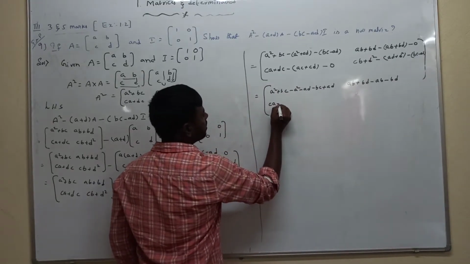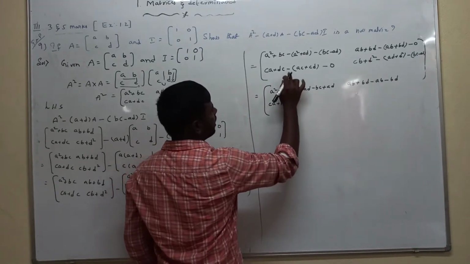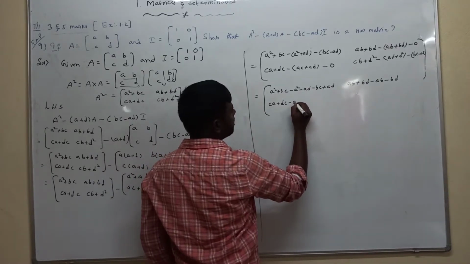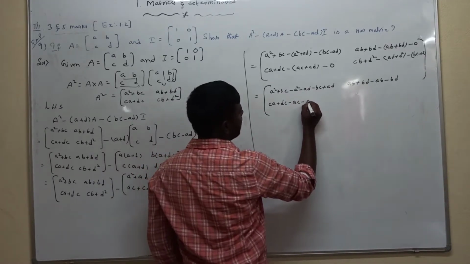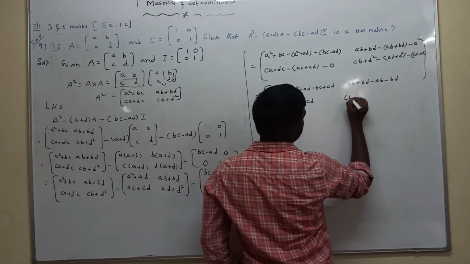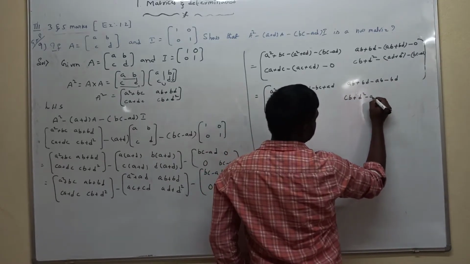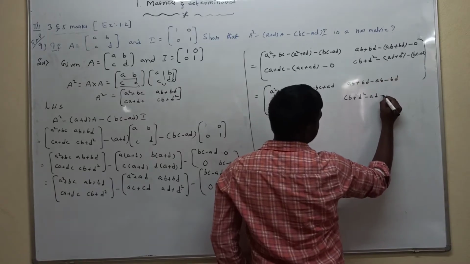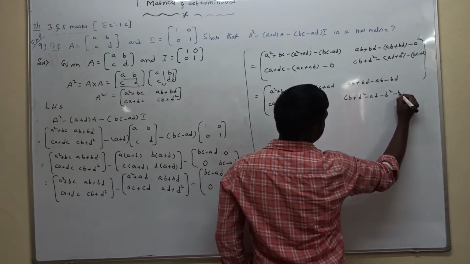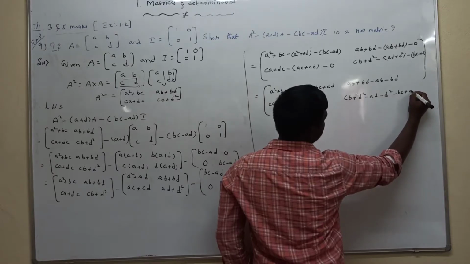Next, ca plus dc, the product gives minus ac and minus cd. Then cb plus d square, the product of the negative sign gives minus ad, minus d square, minus bc plus ad.